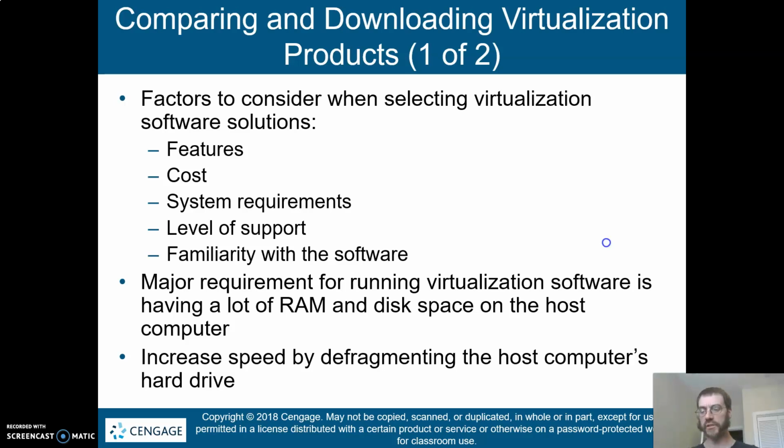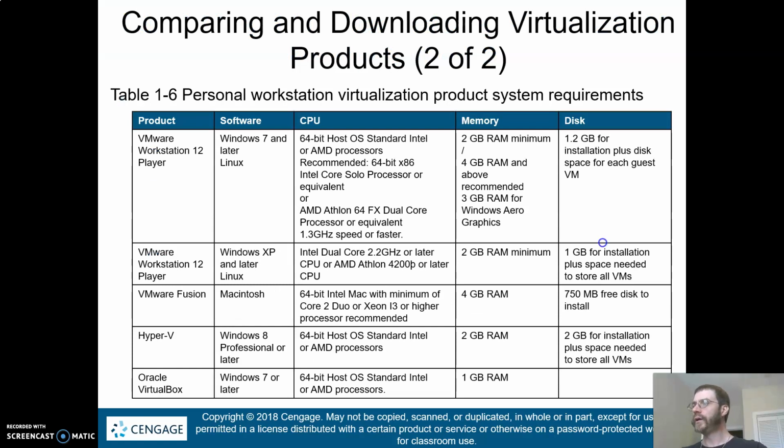So let's actually look at some of these things. We're looking at VMware Workstation 12, VMware Fusion, Hyper-V, and Oracle VirtualBox. Now, what we actually have out in the world right now is VMware 15.15. The other thing to note is that some of these memory requirements are ridiculously minimal.